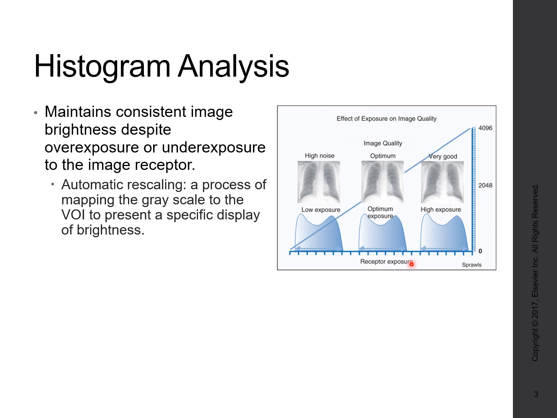And then this one would still be very good, but it's going to actually be overexposed. And so what the histogram is going to do is try to align all three of these exposures under one lookup table. And by doing that, it provides consistency to images for the physician to evaluate.